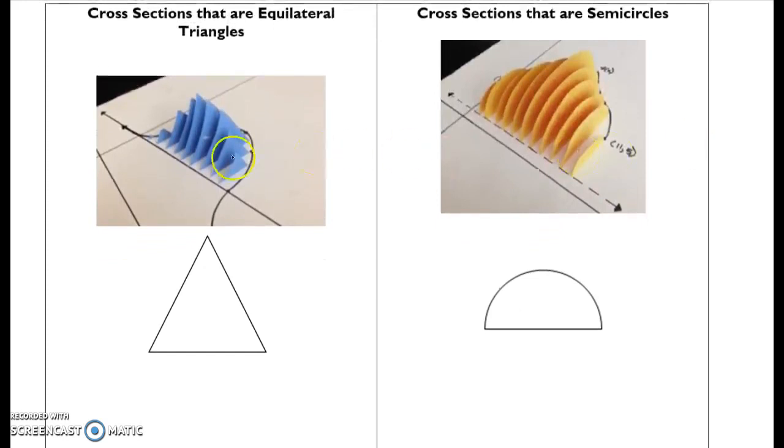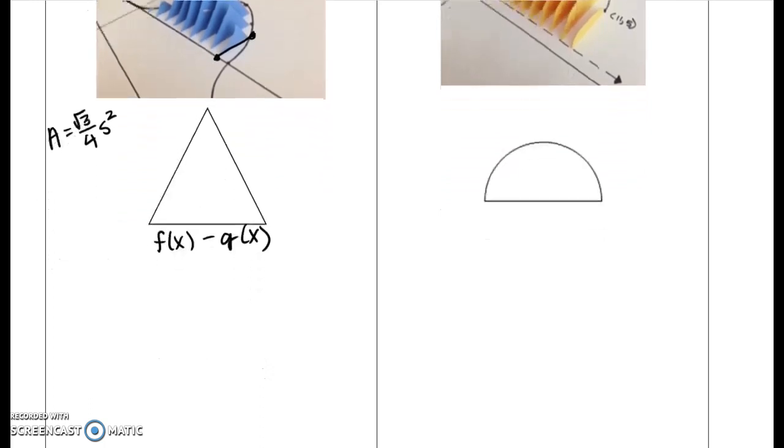Equilateral triangles. So now we're testing your geometry knowledge and memory. We've talked about this formula before. Area of an equilateral triangle is square root of 3 over 4 sides squared. So notice again the base is going from your top graph to your bottom graph. So f of x minus g of x still. Okay, so if that is our base, that's basically our side for this equilateral triangle.